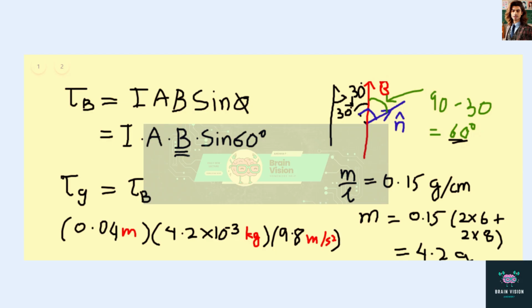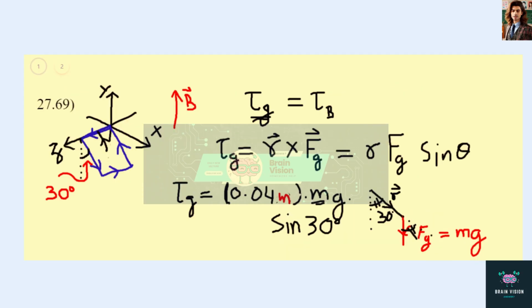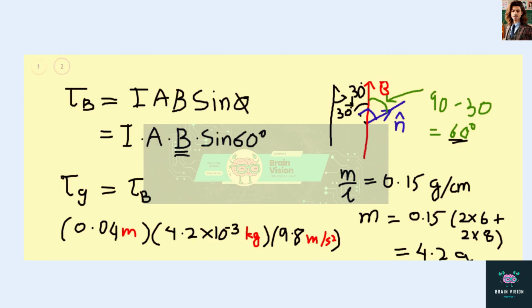This is multiplied by sine of 30 from what we found earlier. That's tau of G.